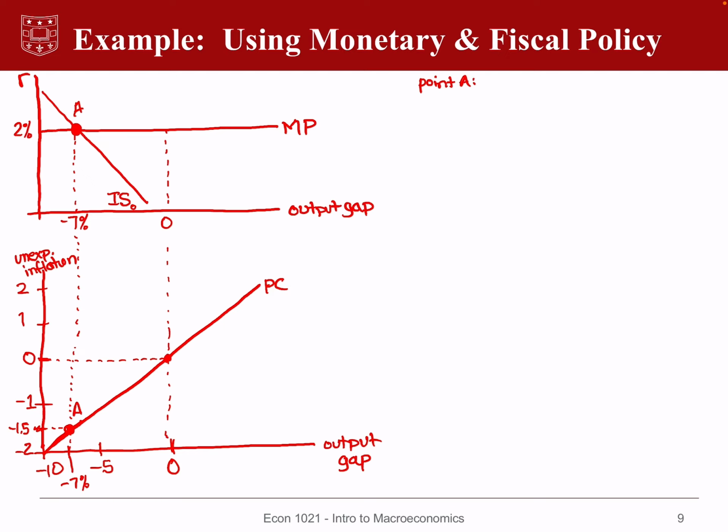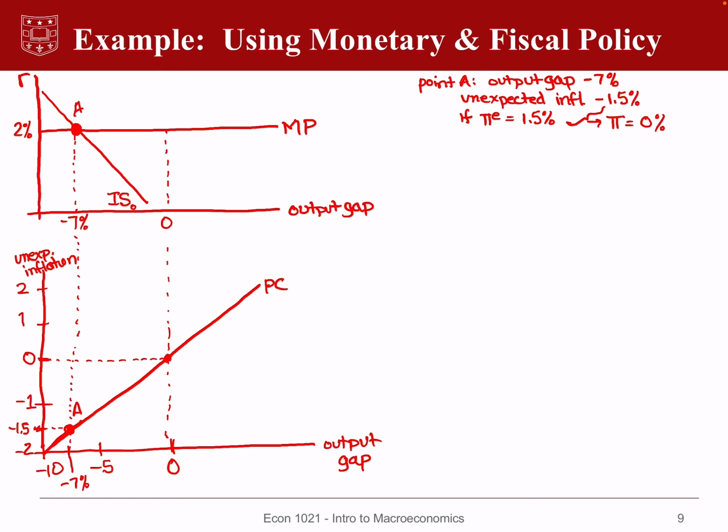We have an output gap, of course, of -7%. Unemployment is higher than full employment. The real interest rate we'll suppose is 2%. Unexpected inflation is, say, -1.5%. And so if expected inflation, we'll just keep the same example, is 1.5%, then together this implies that the actual rate of inflation is 0.